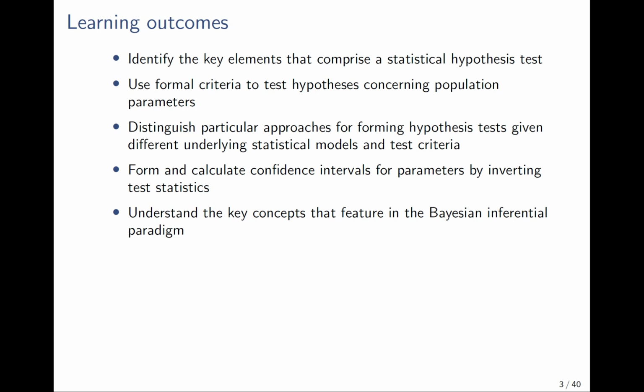So the first objective, parameter estimation, was covered in lecture 2, and in this lecture we're now going to turn to objectives 2 and 3 of inference, that is hypothesis testing and interval estimation. But we'll also introduce the philosophy underpinning the Bayesian approach to inference, and we'll talk about Bayesian estimation, and we'll also talk about Bayesian interval estimation.